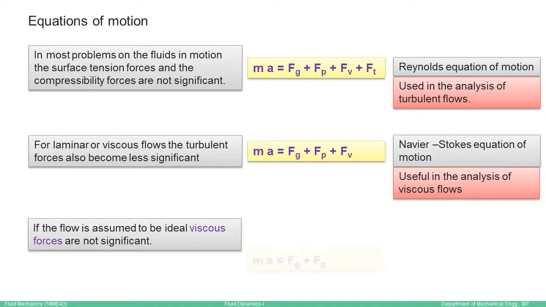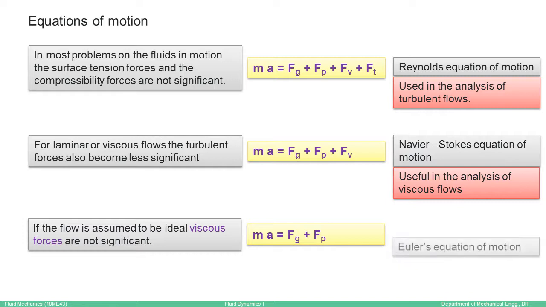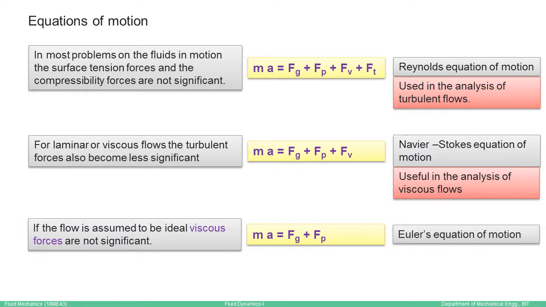In such cases, ma is equal to Fg plus Fp. So only gravitational force and pressure force are considered for analysis of a problem. This kind of equation of motion is called Euler's equation of motion, and this is generally used in the analysis of steady flow of a non-viscous fluid.